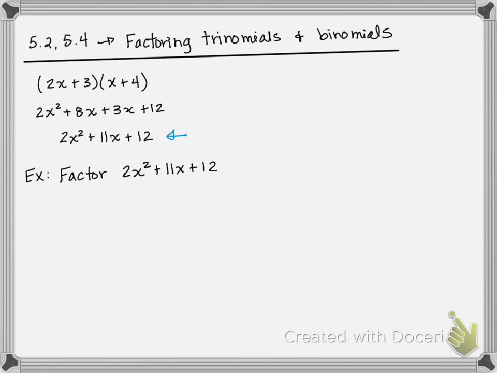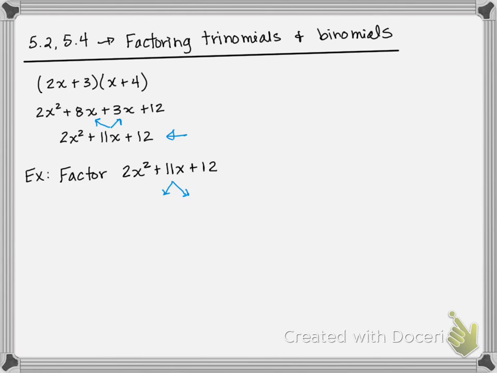So if I want to factor this, remembering that it came from something with 4 terms at some point, our goal is going to be to rewrite it with 4 terms by breaking up this middle term, because we see that 11x came from combining 2 middle terms. You guys see what I mean?